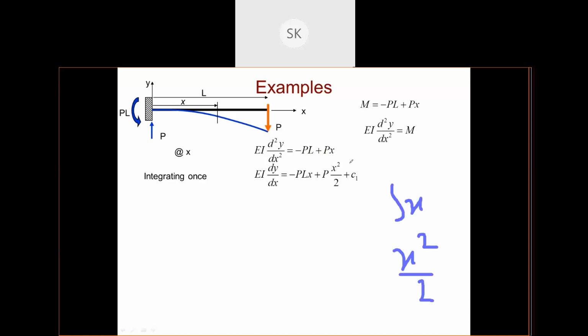So like P x square by 2, plus when you integrate there is a constant C1. This is the basic of your math. So when you integrate once, you will get this value. Now you have to find the value of C1 using boundary conditions.